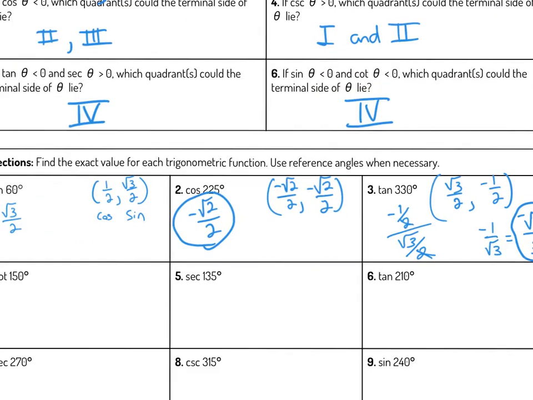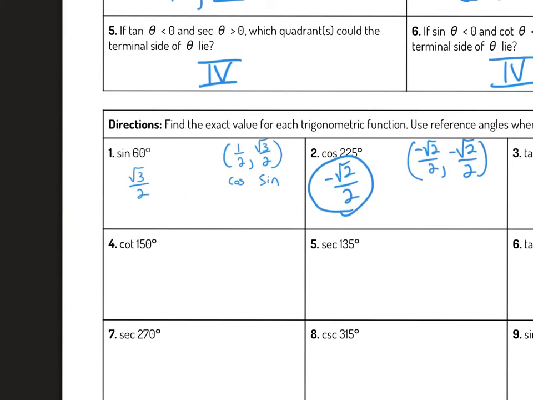Moving on to number 4. The cotangent of 150. So 150 has the coordinate negative square root of 3 over 2, comma 1/2. And the cotangent is x over y.